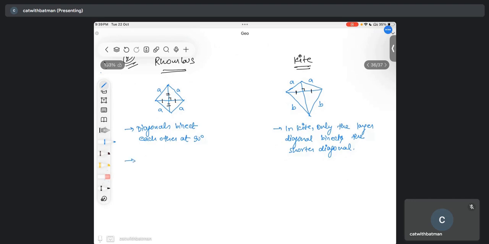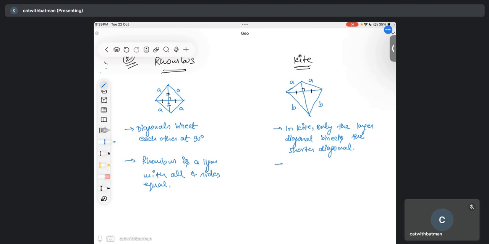One more point that you can write is that a rhombus is basically a parallelogram. A rhombus is a parallelogram with all four sides equal.